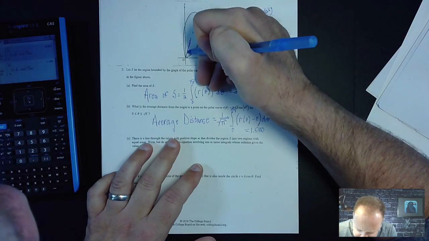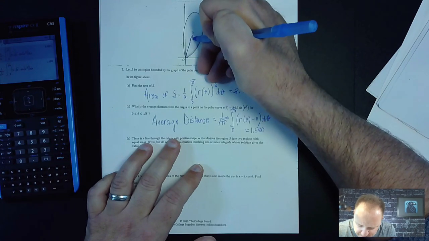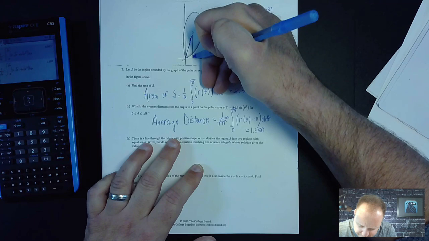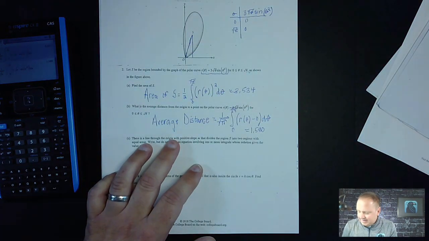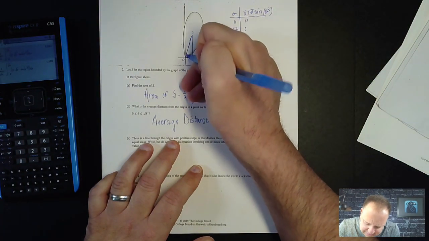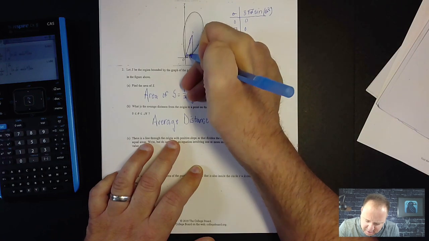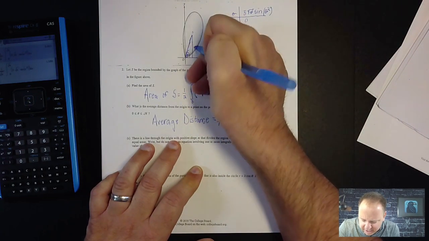I want to cut this in half, right? I'm not going to bring my array all the way up. So this is my theta from here to here. This is my y component.